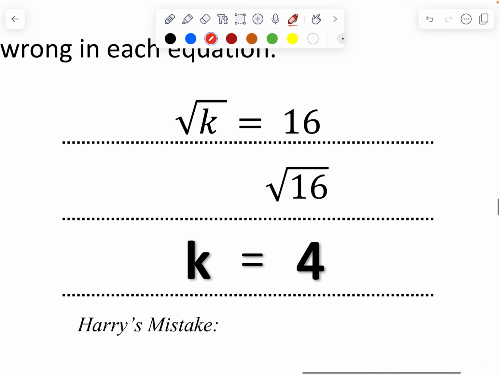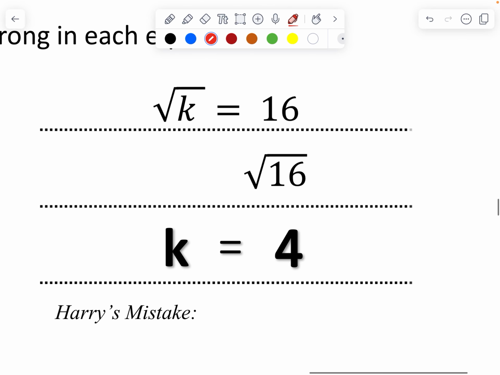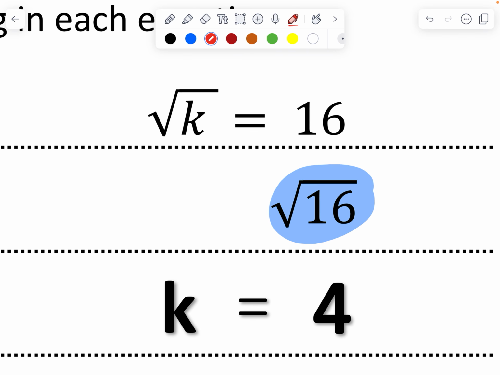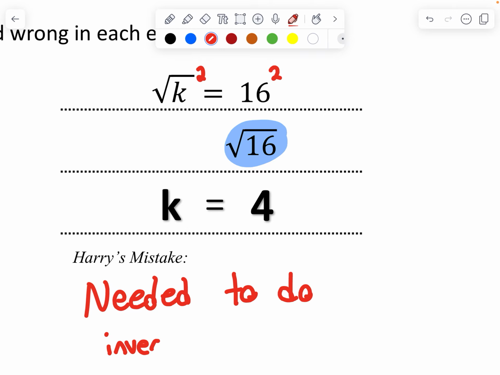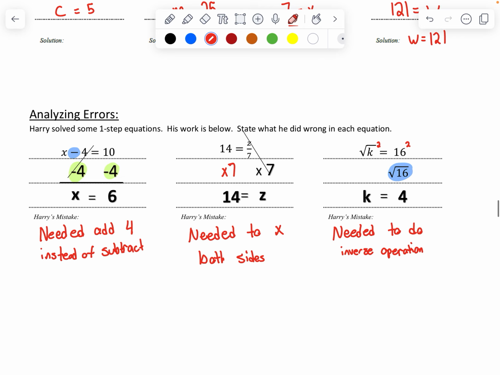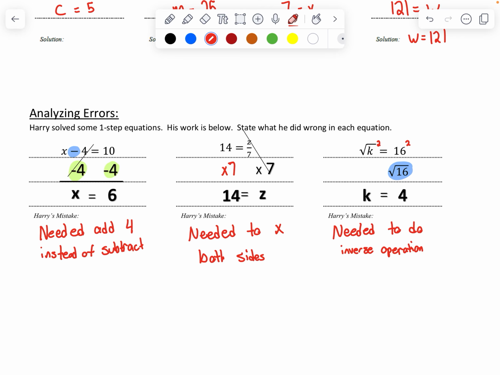Square root of k equals 16, so they square rooted both sides and got k equals 4. The mistake on this one was the square root of 16 here. You need to do inverse operations, which means you should have squared both sides. So the mistake was that he needed to do inverse operations. So this mistake was essentially the same mistake as the first problem. They needed to do inverse operations.